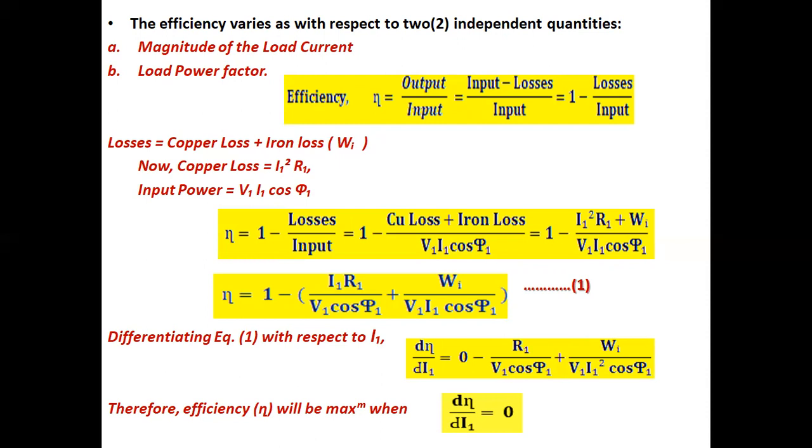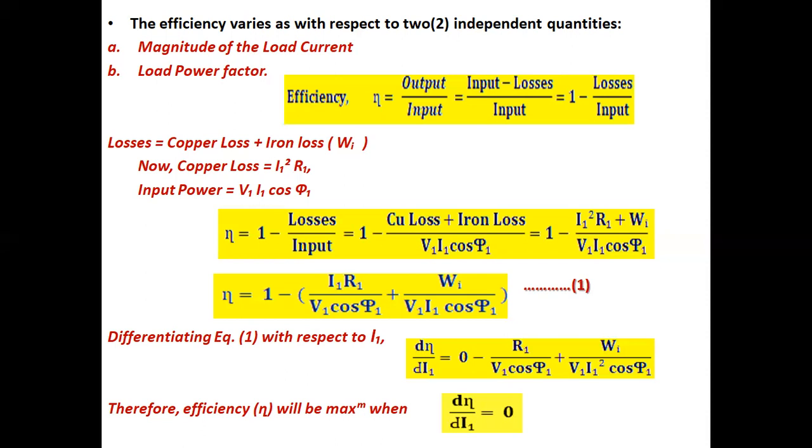Efficiency equals 1 minus I1 R1 divided by V1 cos phi 1 plus Wi divided by V1 I1 cos phi 1. That is equation 1. Now, differentiate equation 1 with respect to I1. You see the result.